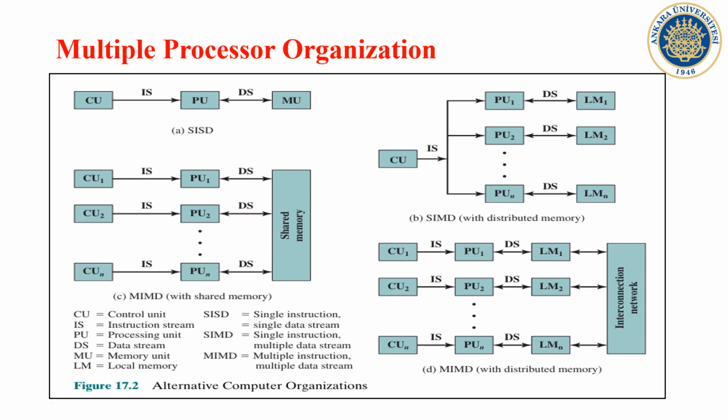Here, multiple processors execute different instructions on different data streams. MIMD can be implemented with either shared memory or distributed memory, and it's the most flexible and powerful model for general-purpose parallel computing. Overall, this classification helps us understand how parallel systems are designed and where they are best applied.